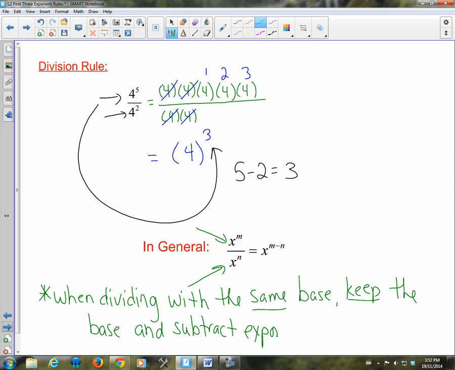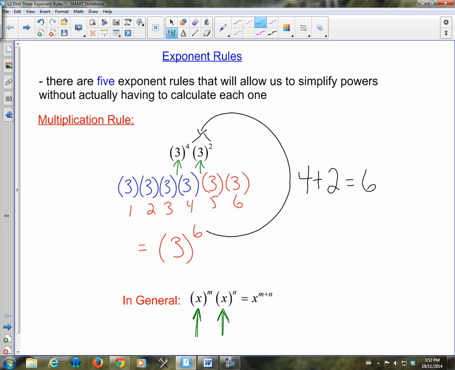And I think we might go back and write that down on our multiplication rule. We'll write it out with words. So division rule, when you're dividing with the same base and powers, you keep your base and you subtract your exponents.